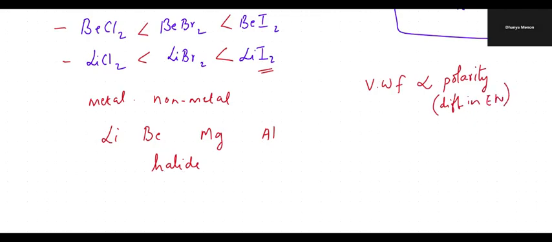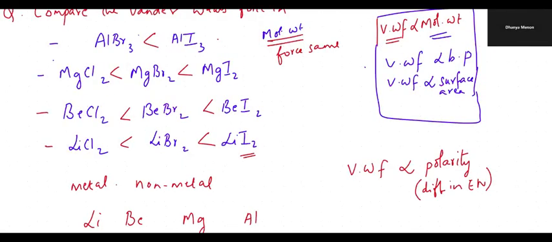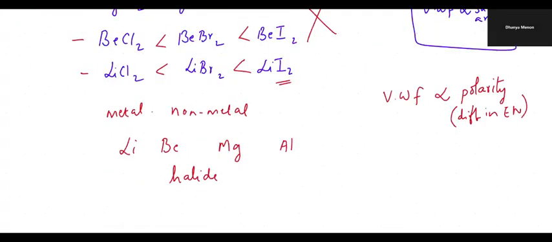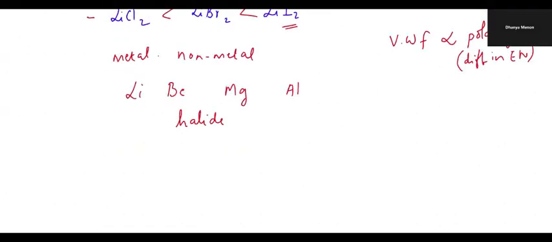Okay, so what we have done is wrong. What we have done here is wrong, because whenever we come across the halides, for now the chlorides, bromides, and iodides of these metals, lithium, beryllium, magnesium, and aluminum, we consider the polarity.